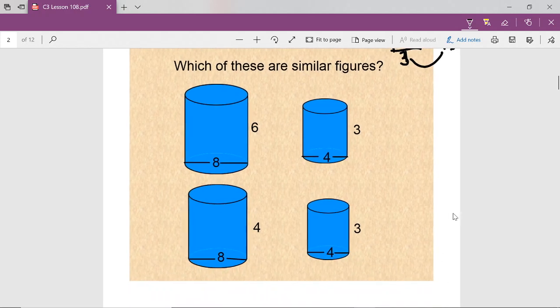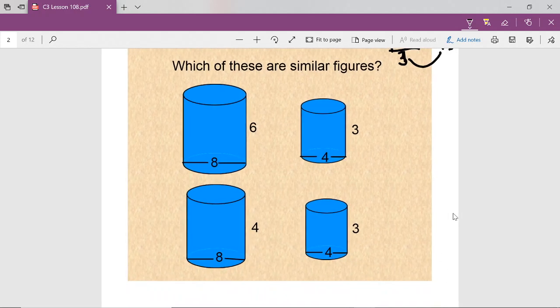So let's see, which of these are similar figures? If I take this big one to the smaller one, the corresponding side, 6 to 3, I would multiply by half. If that stays consistent with my diameter here, then I could say it's similar. And it does. It looks like I have half of that amount.